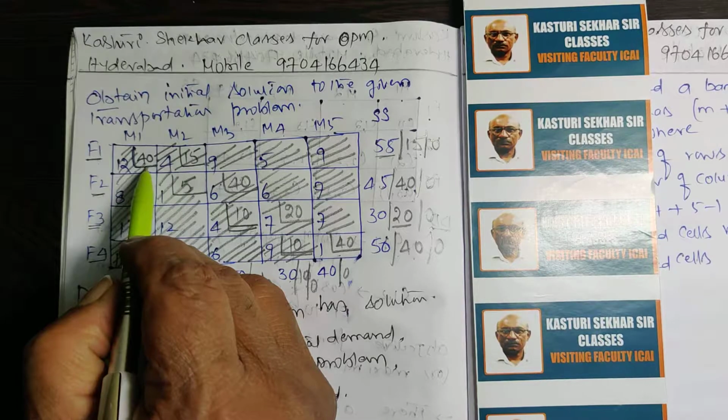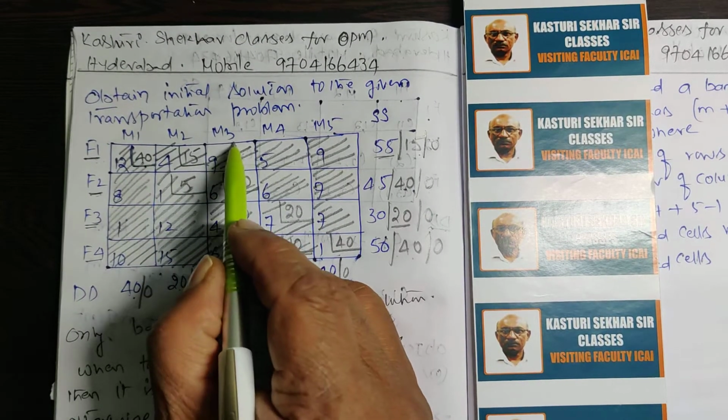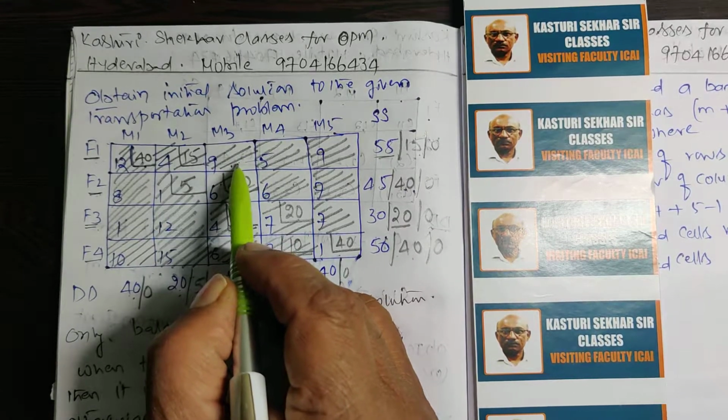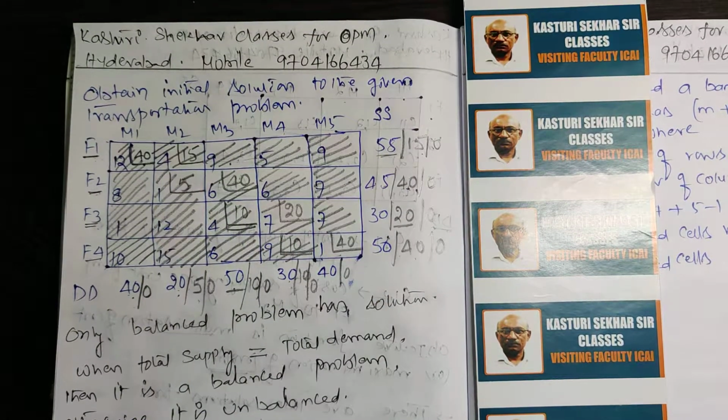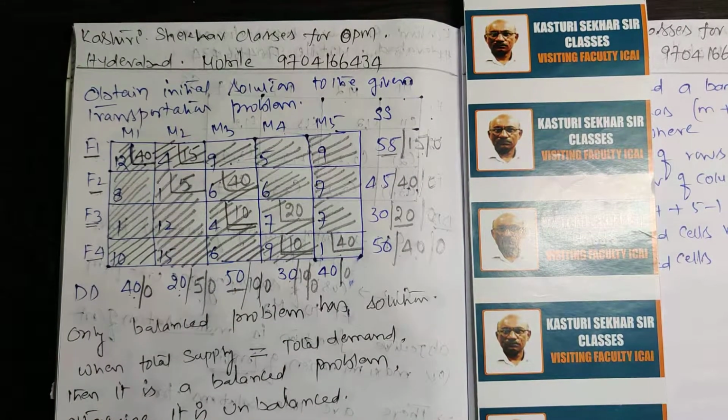So it is called an occupied cell. Here there is no allocation, so it is an empty cell. Any cell that has some allocation, means some units you are writing this way, is called an occupied cell. When there is no allocation, it is an empty cell.